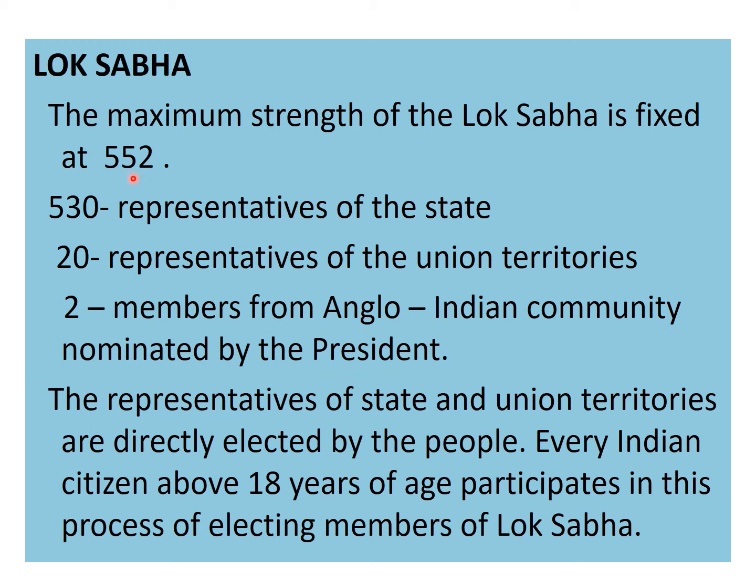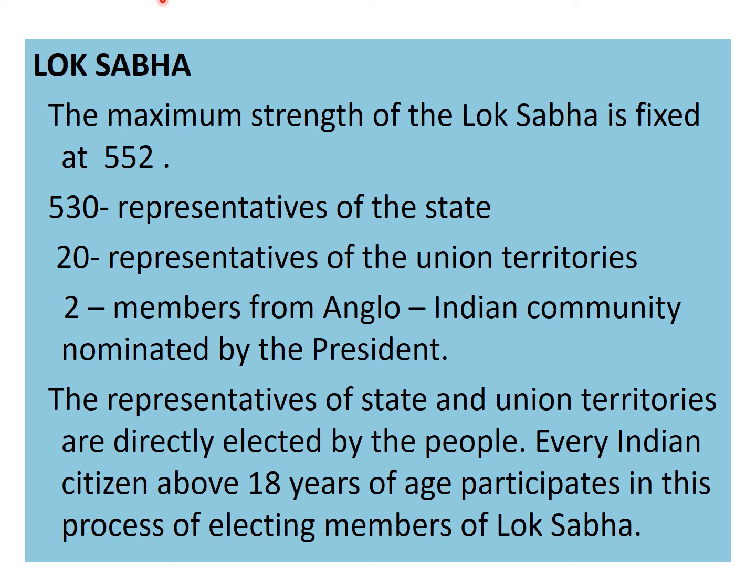Unlike Rajya Sabha, where the process was indirect, with the elected members of the state legislative assemblies electing the members, here in the case of Lok Sabha, the representatives of the states and union territories are directly elected by the people. And who elects them? Every Indian citizen above 18 years of age participates in this process.